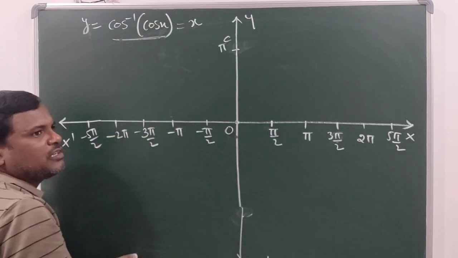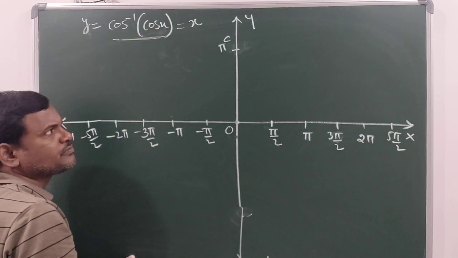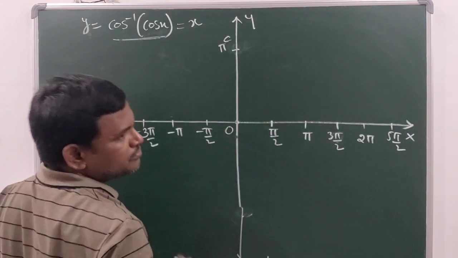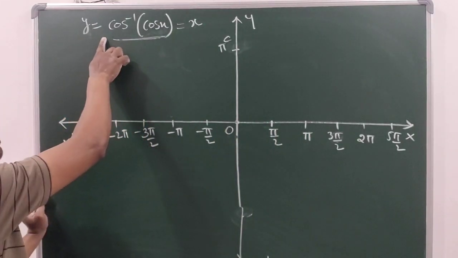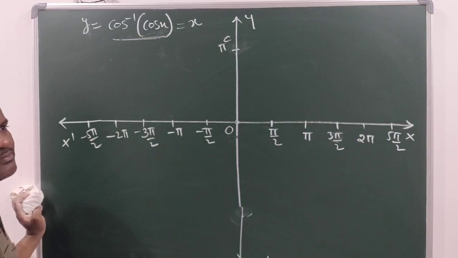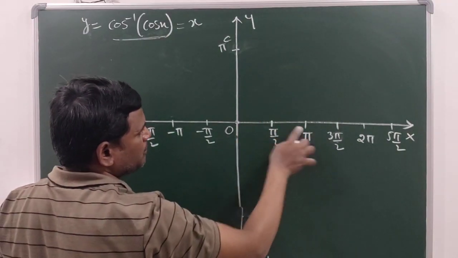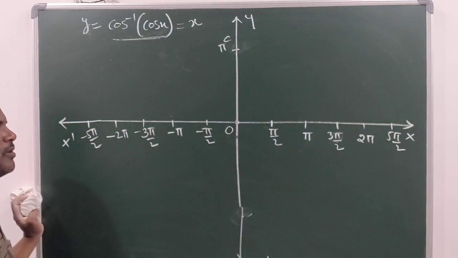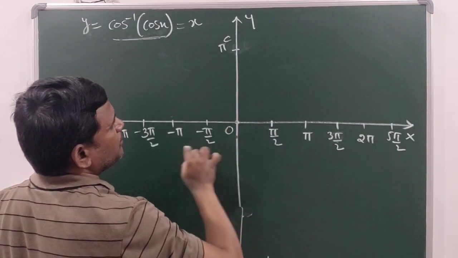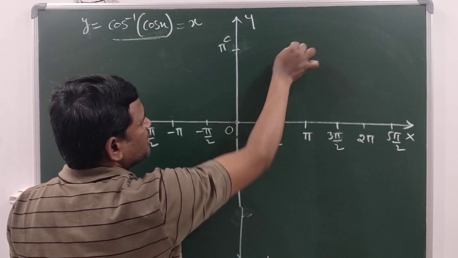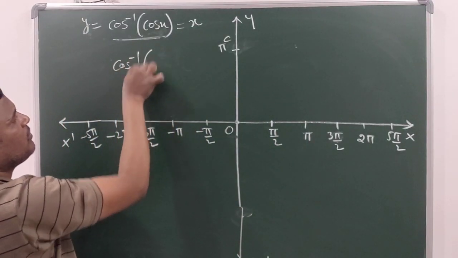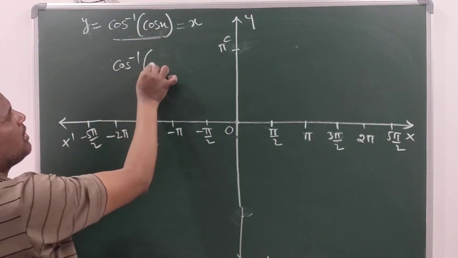So where do you get cos inverse of 0? Here. So y equal to cos inverse of cos x, you get from 0 to pi. See, you get the line like this. When it is pi, cos inverse of cos pi.